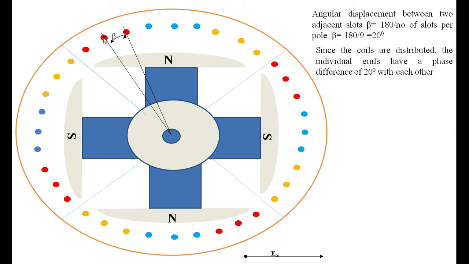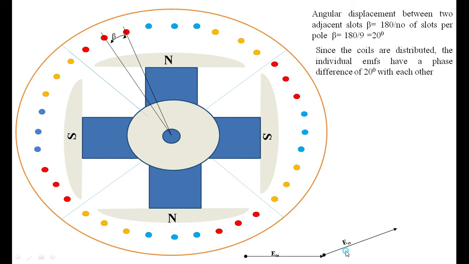The second conductor has the same voltage, because the induced voltage depends upon the speed of the rotor, the magnitude of the magnetic flux, and the nature of the armature. All the armature conductors used are uniform, the same material and length, everything the same. Therefore, the magnitude of induced voltage remains the same, but there is a phase displacement of beta degrees between the first and second, second and third, and so on.